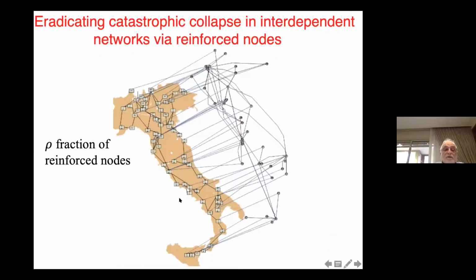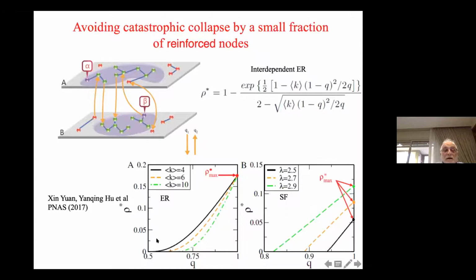For example, if you could do it in Italy, you give some of them alternative communication and alternative power, not using the power grid, you could prevent the cascading failure. We can solve it analytically, and we can see that for every Q, you need a very small fraction. This was done analytically for Erdős-Rényi networks and for scale-free networks, and you can see that a few percent can avoid the cascading failure and the abrupt collapse.